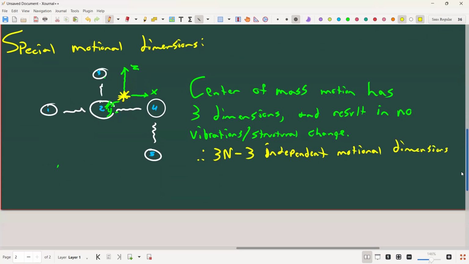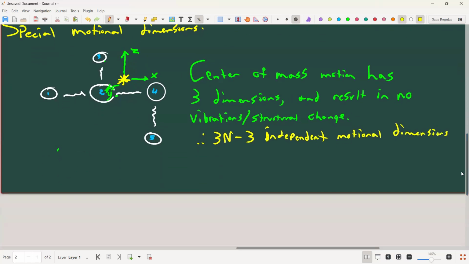But there's another set of collective coordinates that also lead to no change in the structure. That's if I hold the center of mass here and rotate the whole system. Now I'm just changing the orientation of the system.